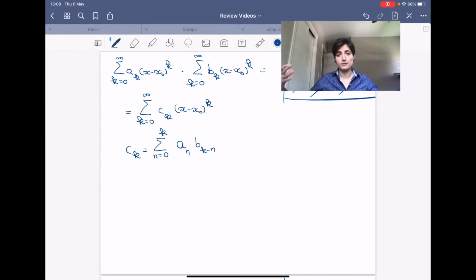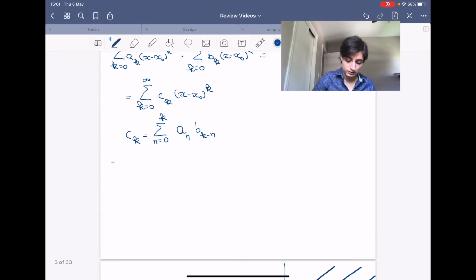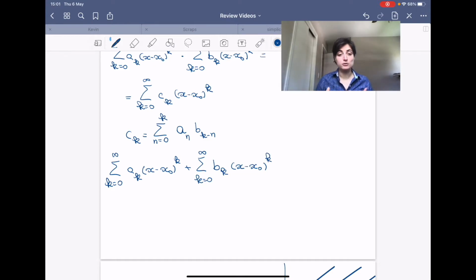Then we have to know how to sum things together. And the important element when you're summing things together, so we're summing, I'm forgetting a power here. We're summing two power series. What we need, the very important element that we need, is that their powers are the same in both cases.